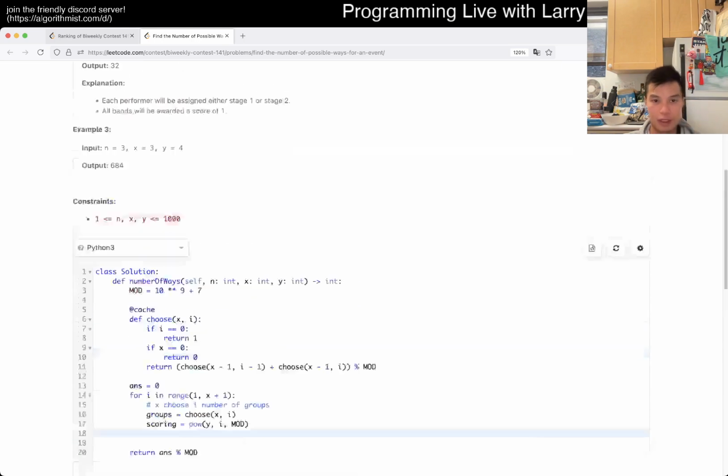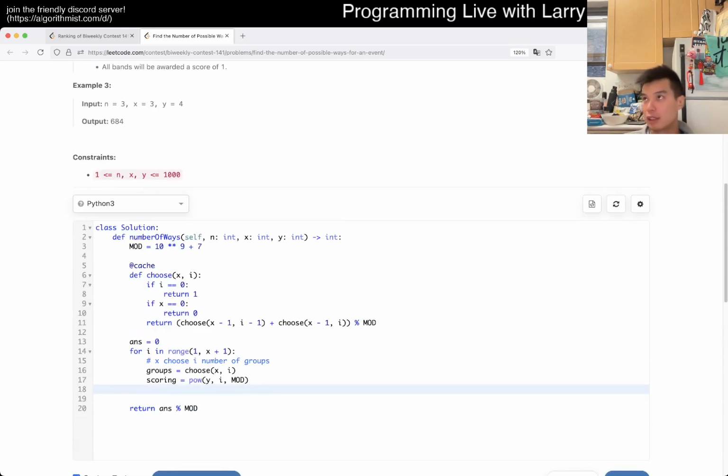And then the thing is that now it is the number of ways to do this, right? So then the number of non-empty sets.